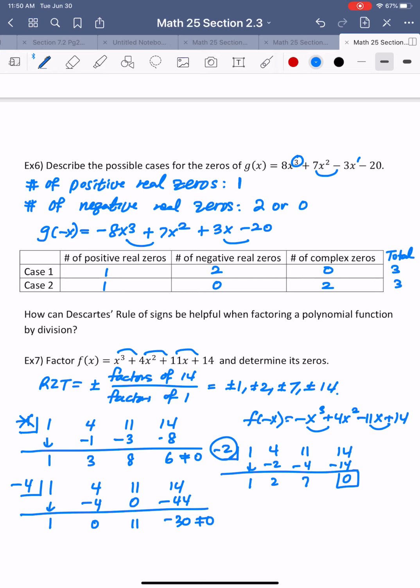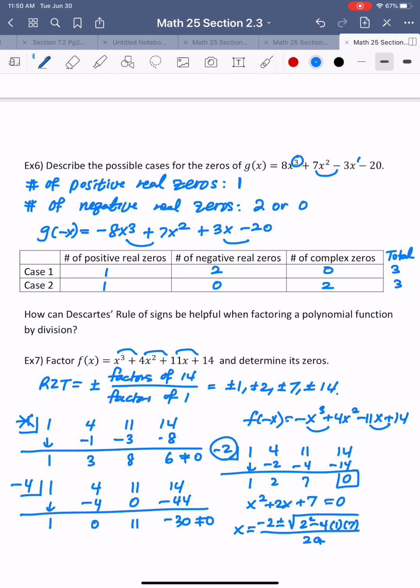So for the zero is this, and then you get x squared plus 2x plus 7. Set equal to 0, which is not factorable, so you have to use the quadratic formula, right? The quadratic formula is negative b plus minus the square root of b squared minus 4 times a times c, over 2a. A is a 1, right?